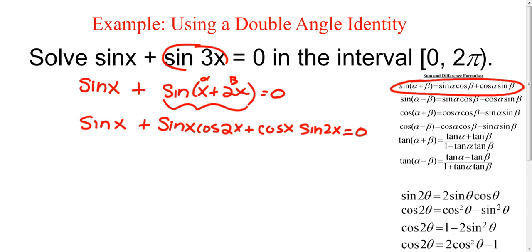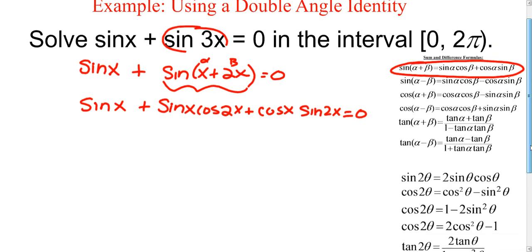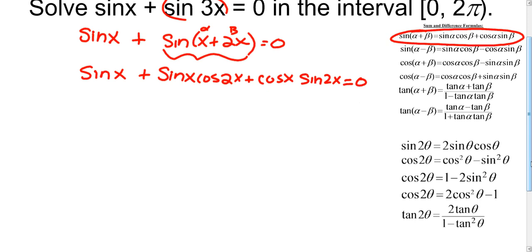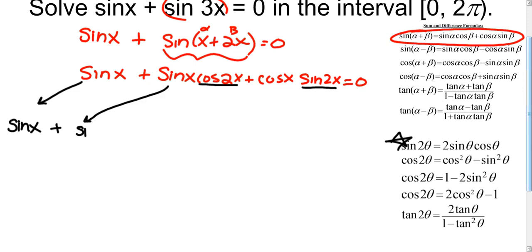All right, now we need to get just a little bit even trickier than that. Notice I have these cosine 2x's in here and a sine 2x in here. Those are going to be replaced with their double angle formulas. So now I'm going to use these formulas down here to replace those. Here's what my sine x is, plus I'm going to bring this sine x down.